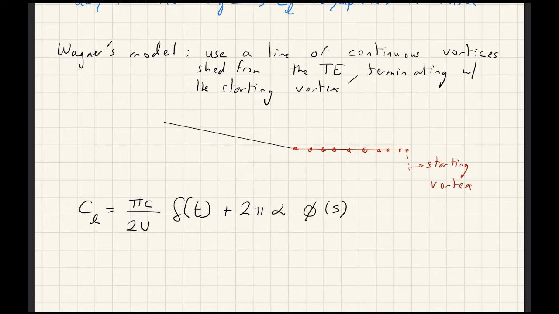Where C is the chord, U is the free stream, and this is a delta function.